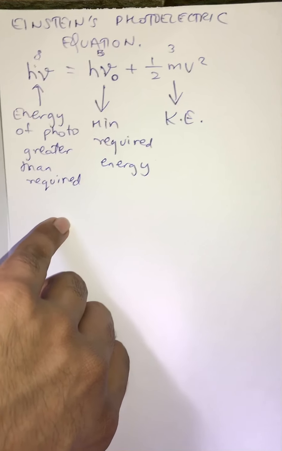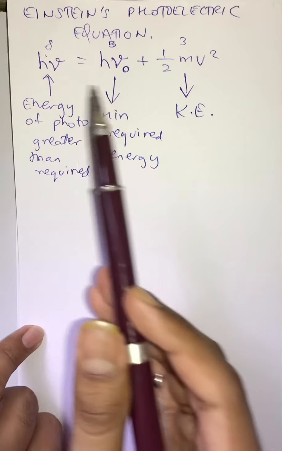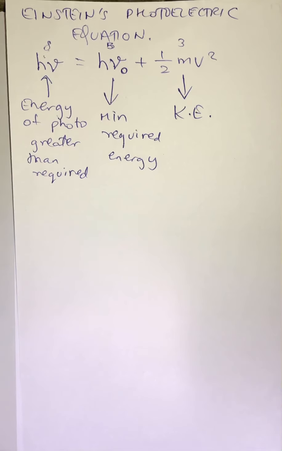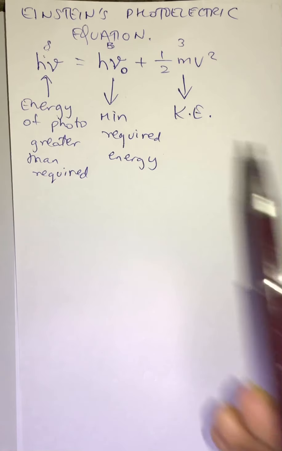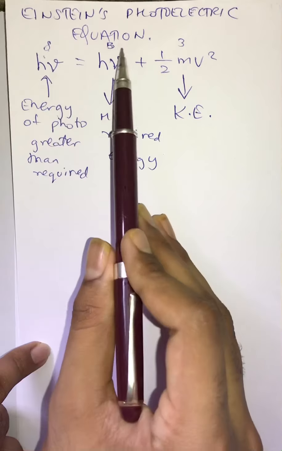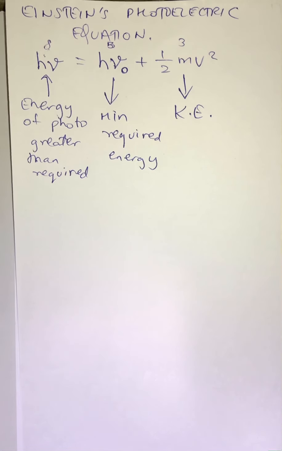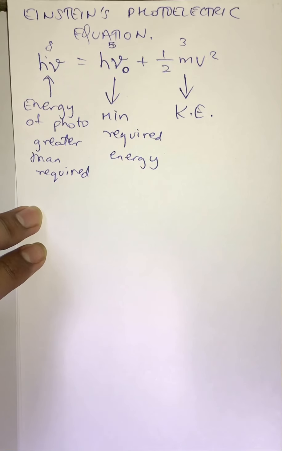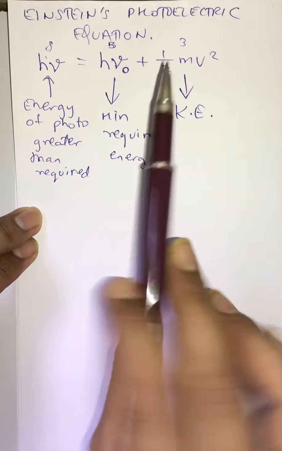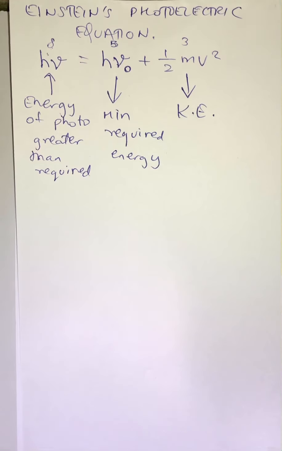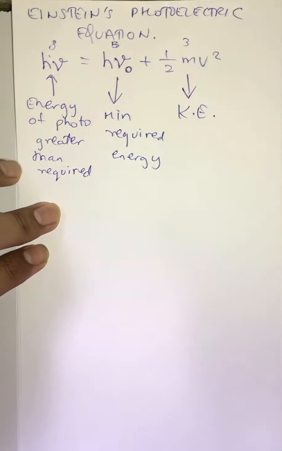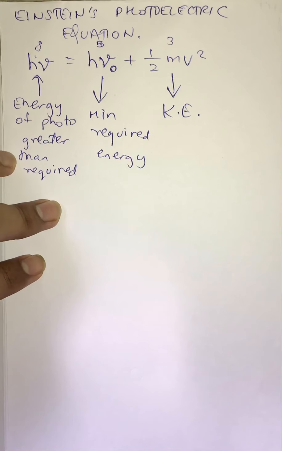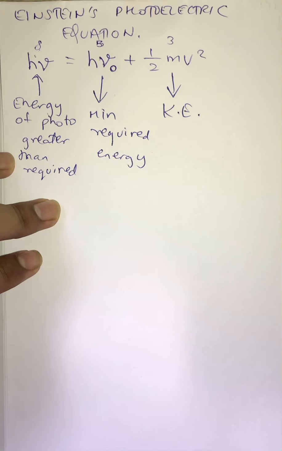Okay, so what we have seen is that if we incident a photon which has a greater amount of energy than required, then out of this 8 joules, 5 joules, the minimum required energy to take that electron out from the atom, will be consumed, and the remaining energy will be left with the electron. With the help of this kinetic energy, the electron will be able to flow with greater velocity.